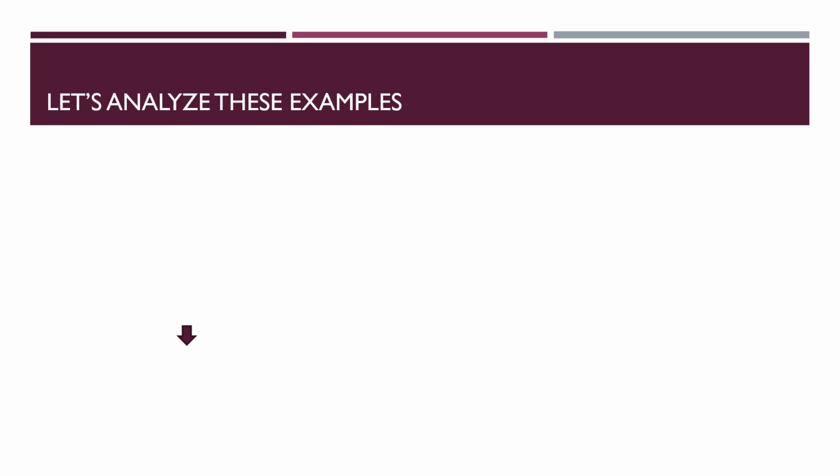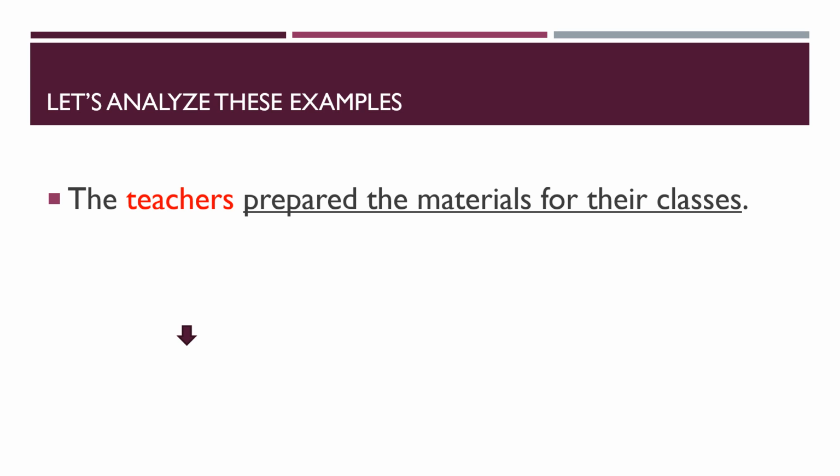Let's analyze these examples. The teachers prepared the materials for their classes. Subject or simuno natin, teachers. Prepared the materials for their classes are action done by the subject. So ano daw ang ginawa ng mga guro?